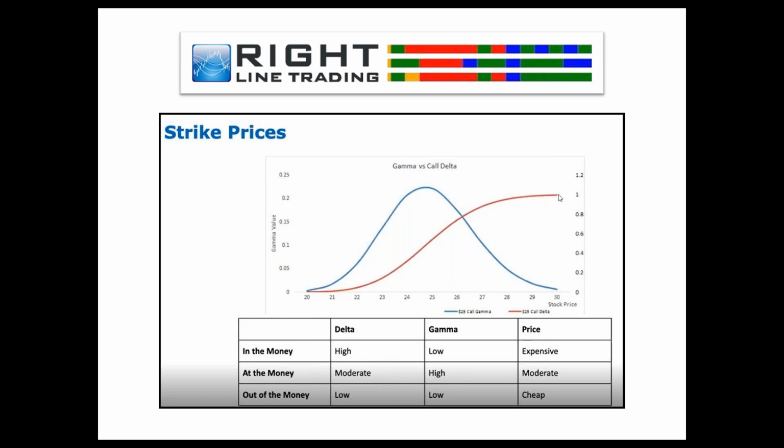Here we're in lockstep, $1 for $1. Here we basically make almost nothing. So essentially there's no leverage if we buy a deeply in the money or a deeply out of the money options position. Now the stock price is $25.